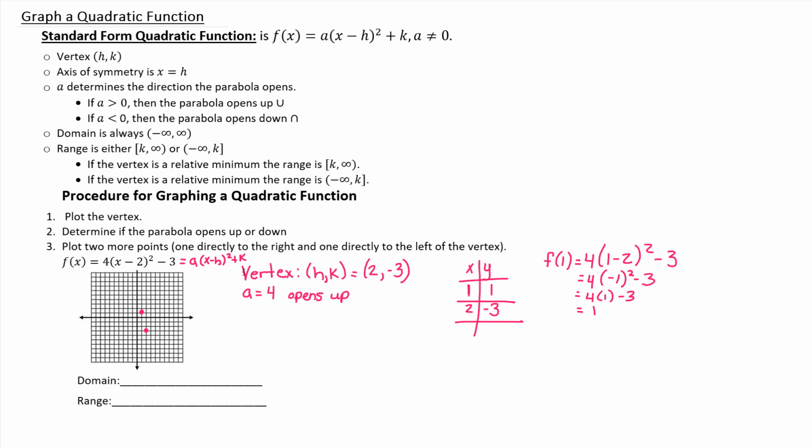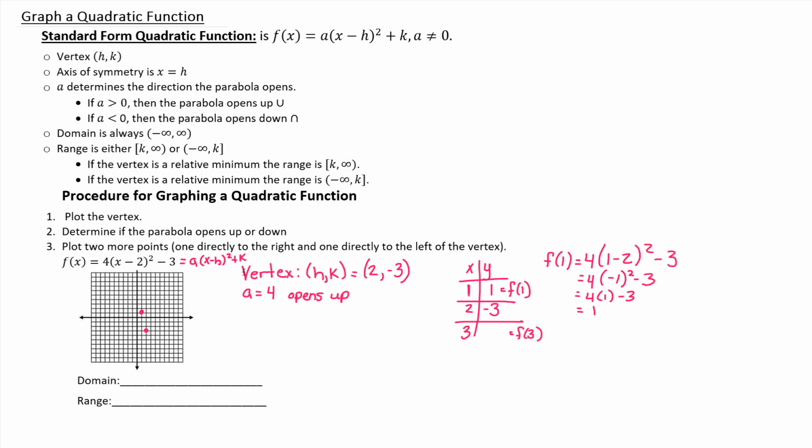To get a point to the right, we need to go 1 unit higher, and 1 unit higher would be at 3. If we want to get the y value, I'm just going to label this so you know where it came from, the y value would be whatever f of 3 is.